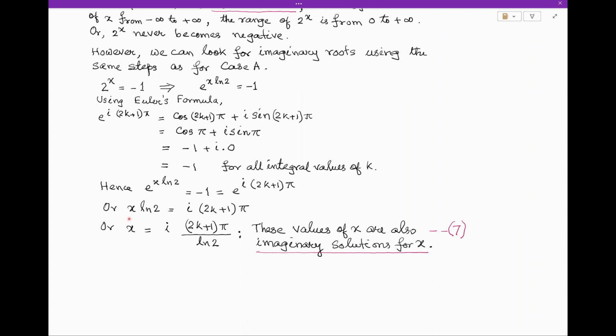Therefore, x natural log of 2 is equal to i (2k plus 1) pi, or x is equal to i (2k plus 1) pi divided by natural log of 2. These values of x are also imaginary solutions for x. Let us call it equation 7.